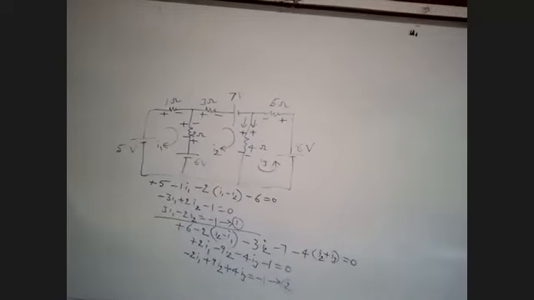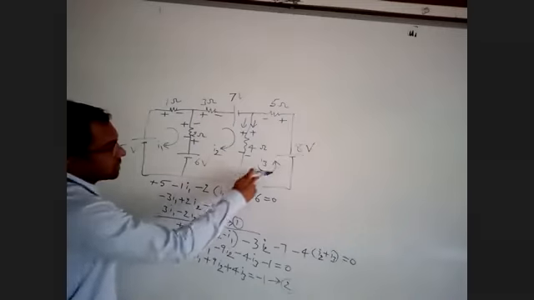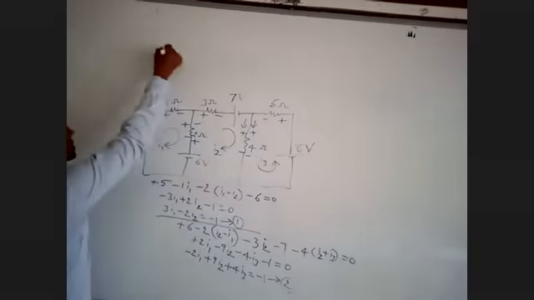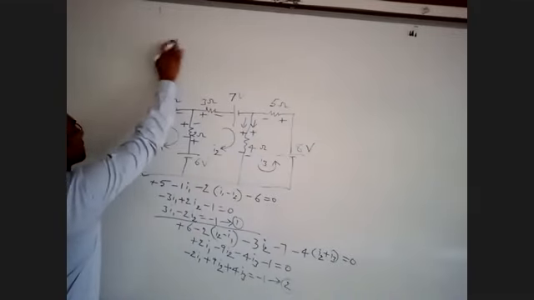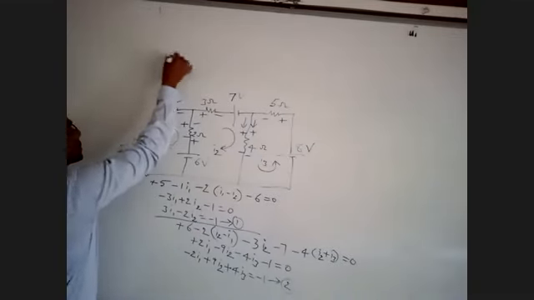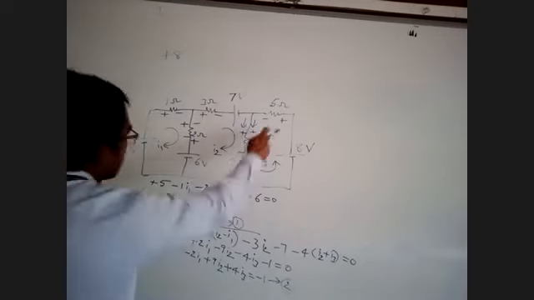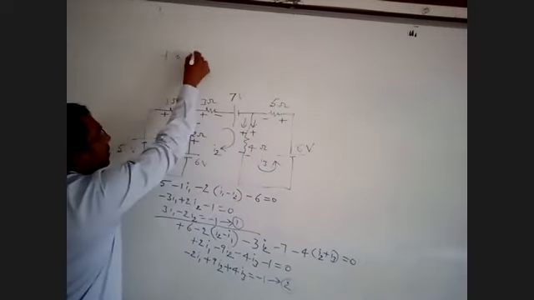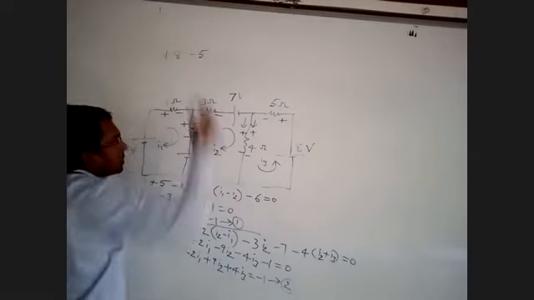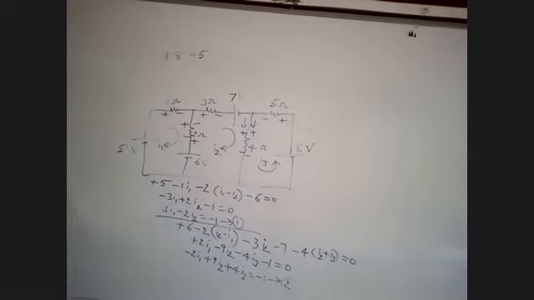Now I'll write the third equation. I3 is going from minus to plus, so plus 8 volts. I3 is going from plus to minus, so minus 5. What is the current in 5 ohms?